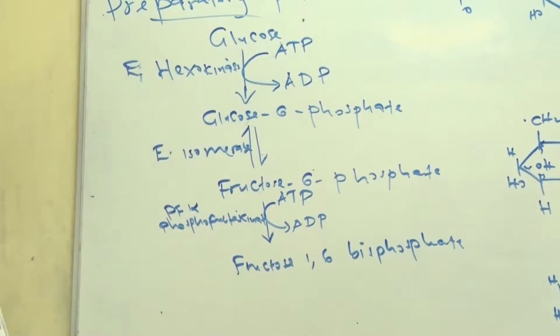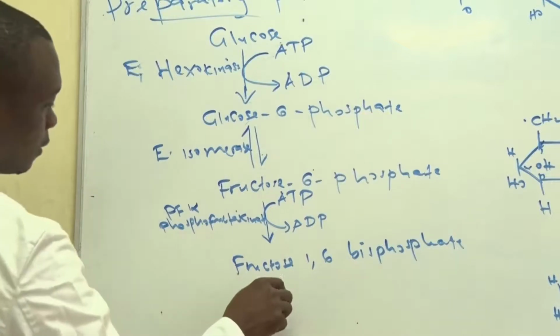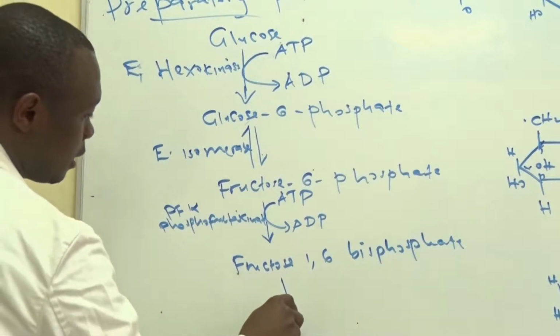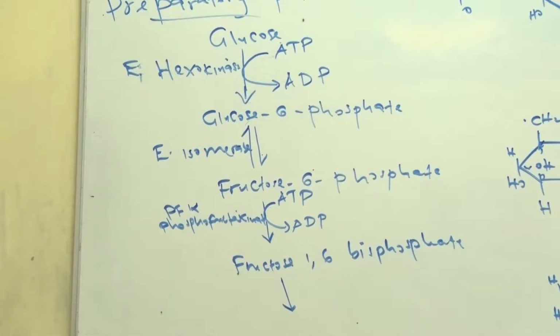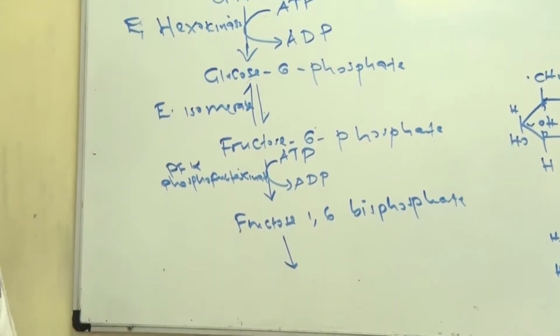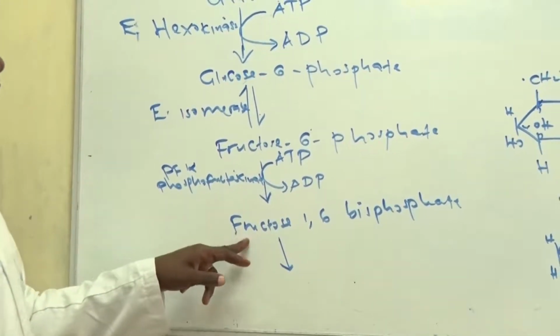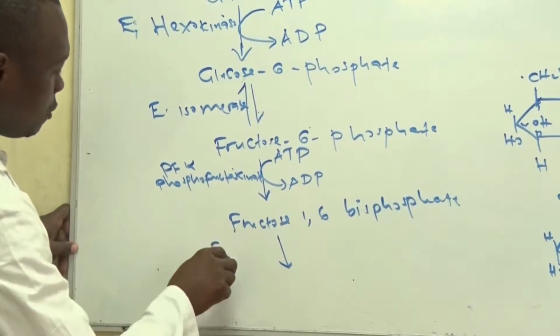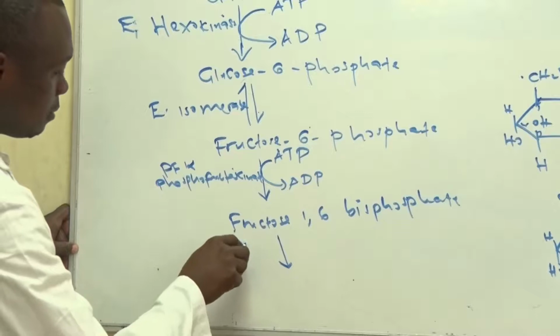Let's take number 3. In step number 4, this is where we are going to form a compound. Our molecule is going to undergo a cleavage, and the enzyme we're going to use is called aldolase enzyme.